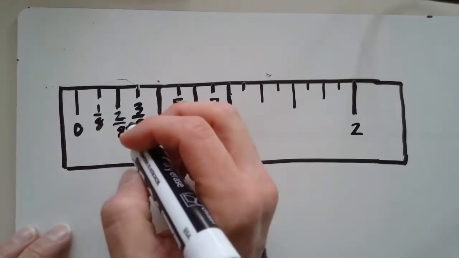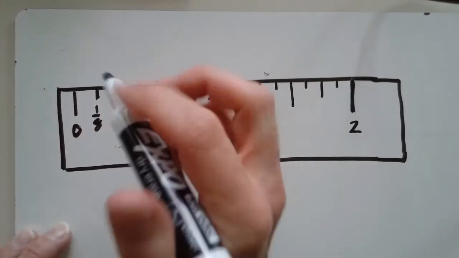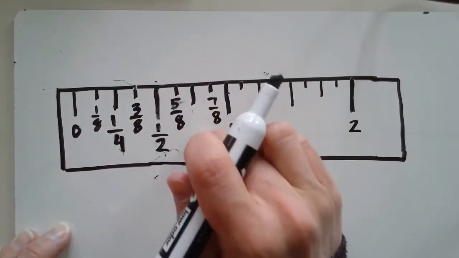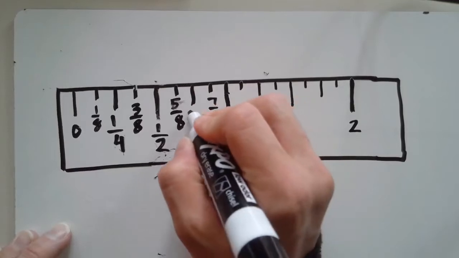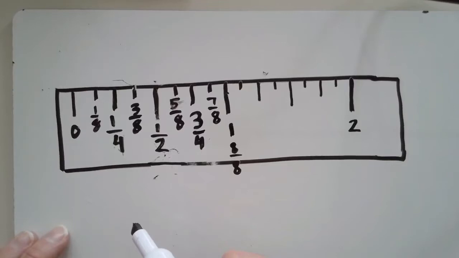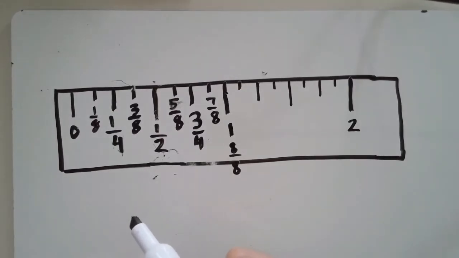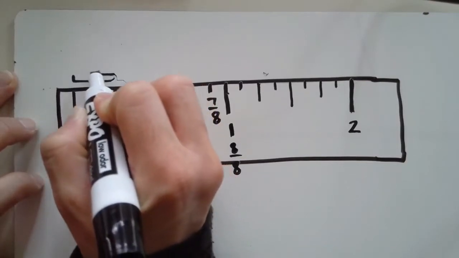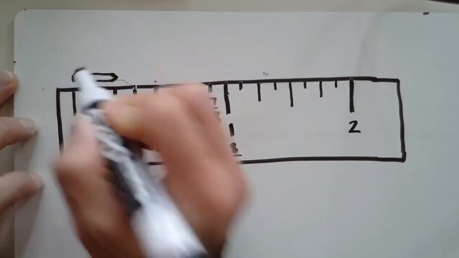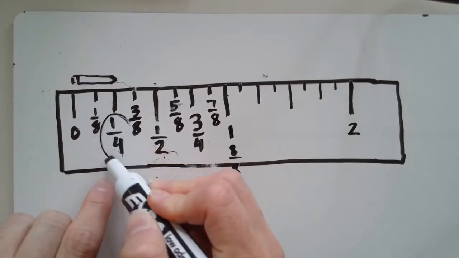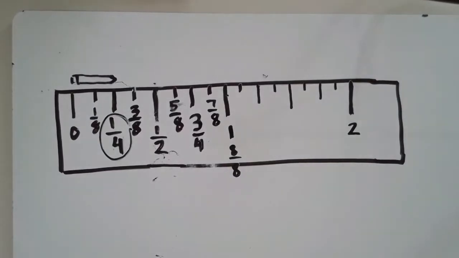This is 1/4 of an inch, and over here this is 3/4 of an inch. Okay, these ones that are a little bit longer. So if I were to see a pencil that was this long, okay, instead of describing it as 2/8 of an inch, I would describe it as 1/4 of an inch, because that's a more standard way to describe it.